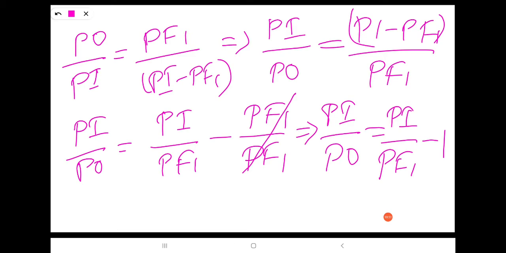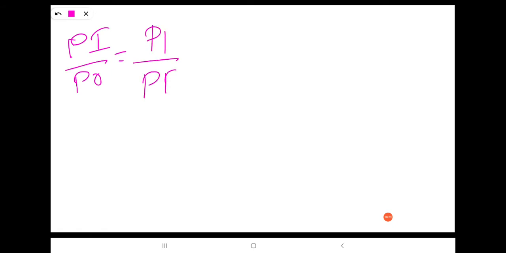Now I want to divide this equation by PI. So then what we'll get? Now look here. We got PI by PO equals PI by PF1 minus 1. Now divide this equation by PI.